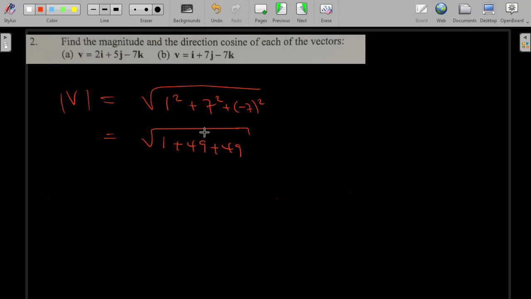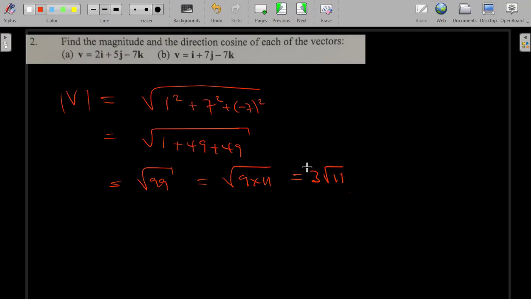So this here gives me 99. So I just get root 99. Of course, I can write my root 99 as root of 9 times 11, and this just gives me 3 root 11 like that. So this is my magnitude here.